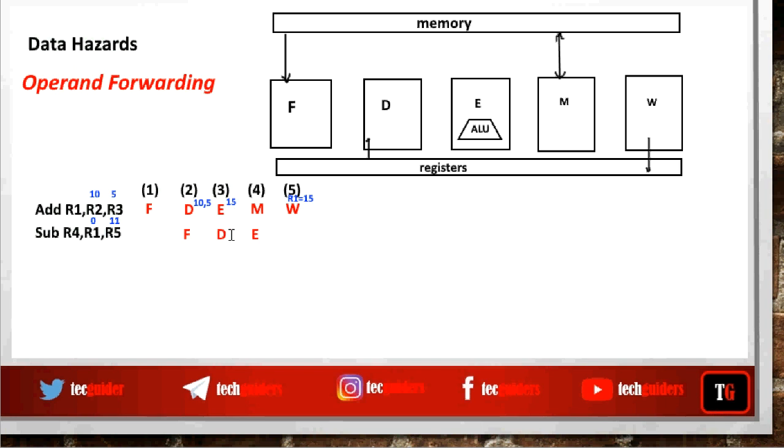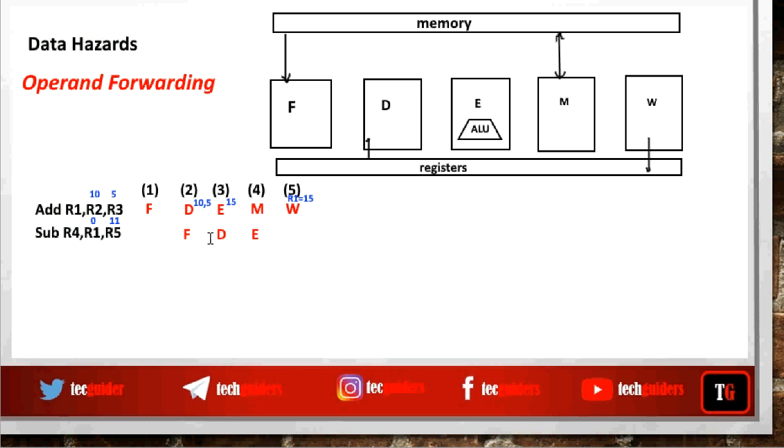Here, the problem occurs because in clock cycle 3, while we decode our instruction I2, we are trying to read some data from the register R1, but our required data is not available within that register. So is that data available somewhere within the pipeline?